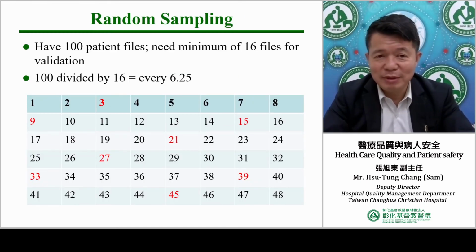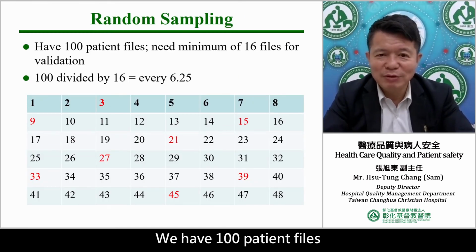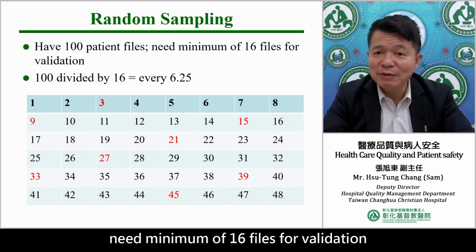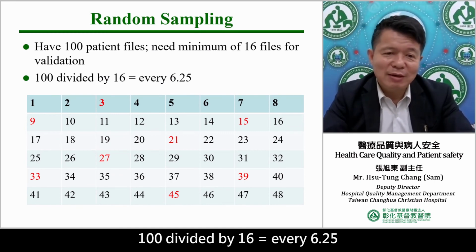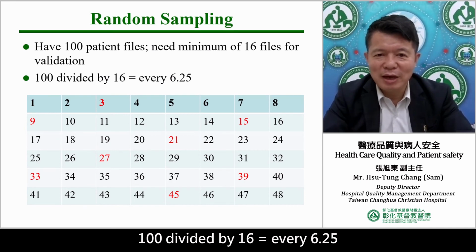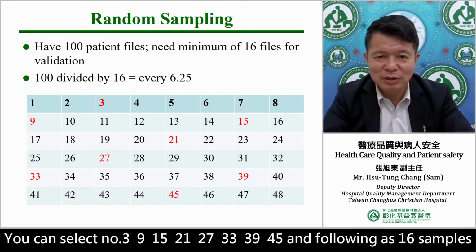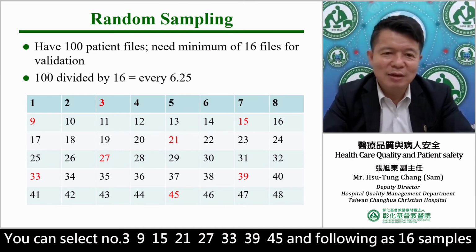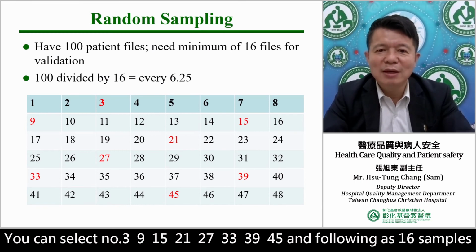Random sampling: we have 100 patient files and need a minimum of 16 files for validation. 100 divided by 16, about every 6th file. You can select number 3, 9, 15, 21, 27, 33, 39, 45, and the following, to get 16 samples.